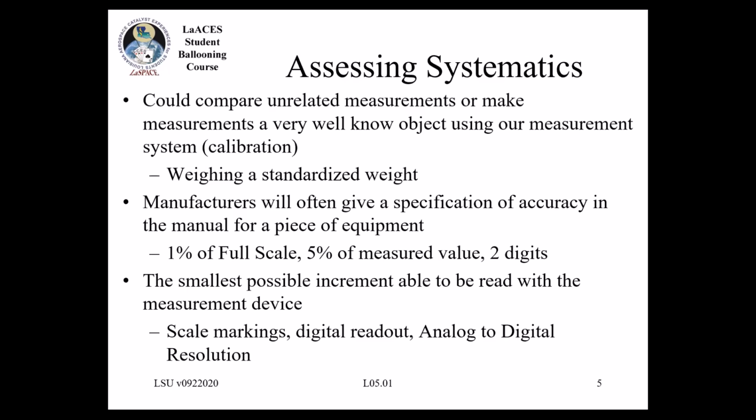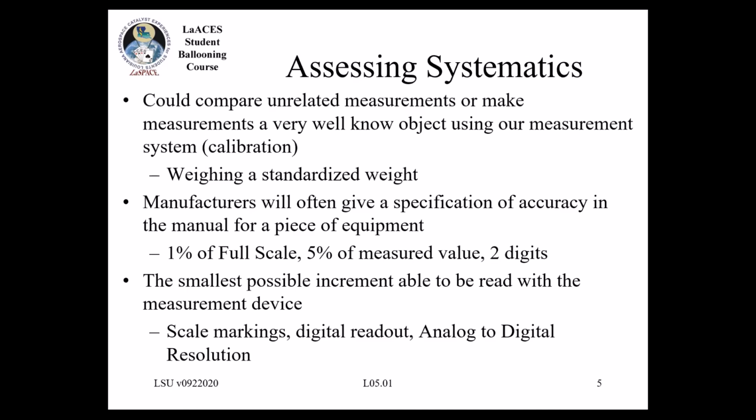For example, if you're using a scale, to verify that it's working right, whether it's a 3-beam balance or a digital scale, one of the things you can do is put a standard, for example a 100-gram weight, on it and verify that you in fact do get 100 grams when you weigh that. Also, most manufacturers will give you some sort of specification in the manual, especially for electronic measurement devices such as multimeters and oscilloscopes.